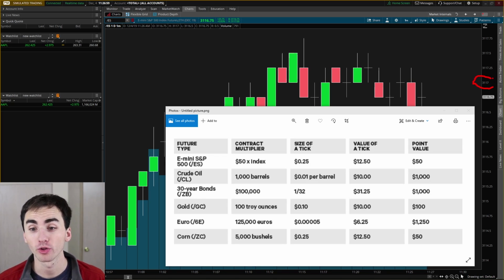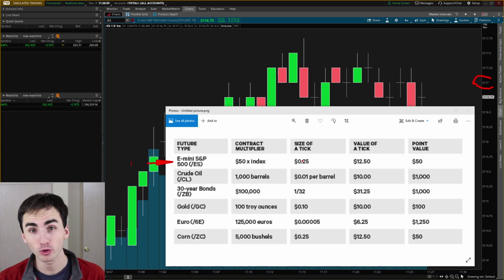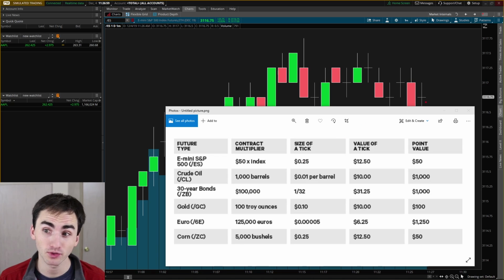Futures have what's called tick sizes and tick values. And we can see that here on this chart. So for the one we're looking at right now, the ES, it has a tick size of 25 cents. And what that tick size is, is the minimal movement that the future will go up and down. So for shares, prices can go up by pennies, but for this ES futures contract, it can only go up or down by 0.25 every time.